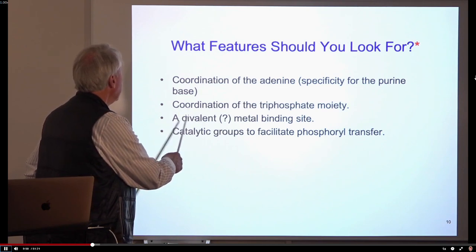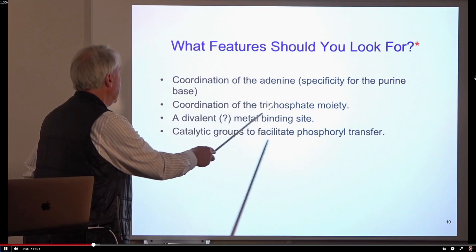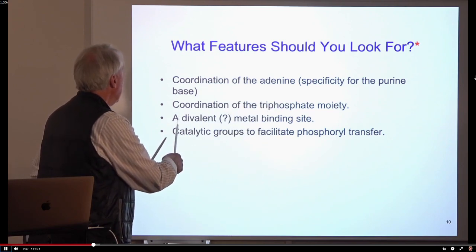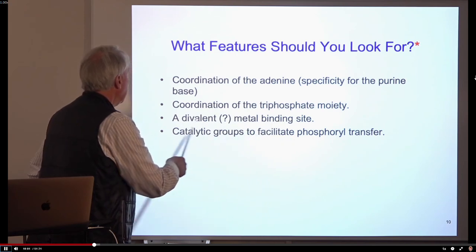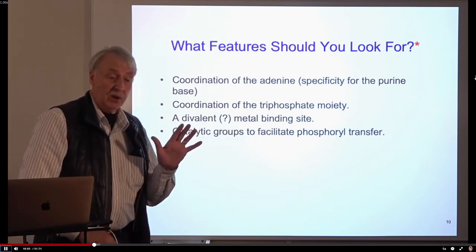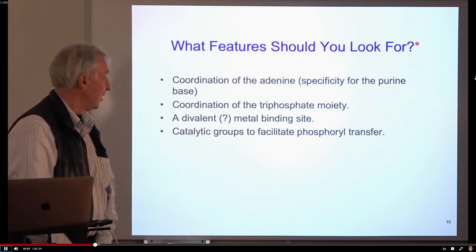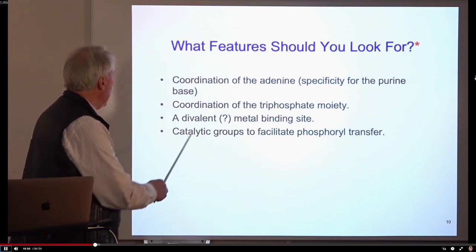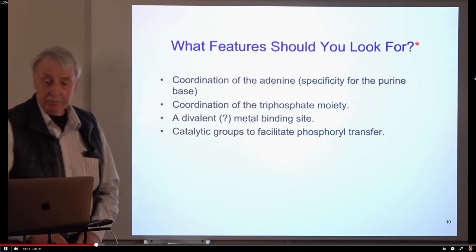You'd want to look for something that coordinates the triphosphate moiety, which carries 4 negative charges, generally, in solution at pH 7. And you would expect to see a divalent metal binding site, remembering that your enzyme is going to probably accept magnesium ATP as the substrate. And then you would look for catalytic groups to facilitate the phosphoryl transfer.